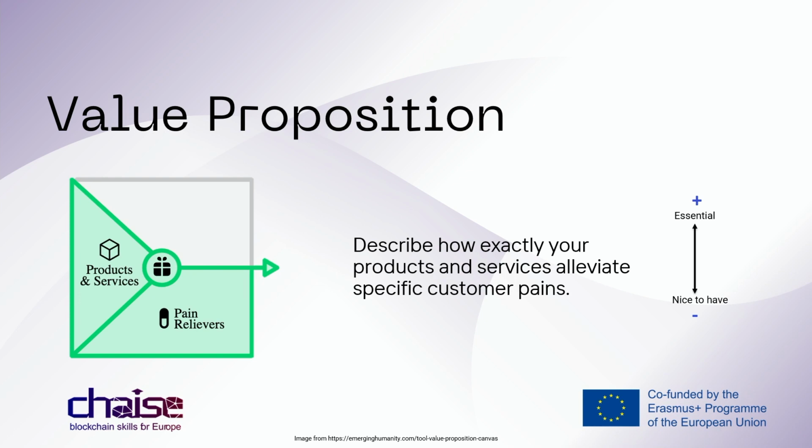kill the pain of the customer. It should relieve the pain of the customer. And this part of the value proposition describes how your products and service alleviate, reduce, diminish a specific customer pain.